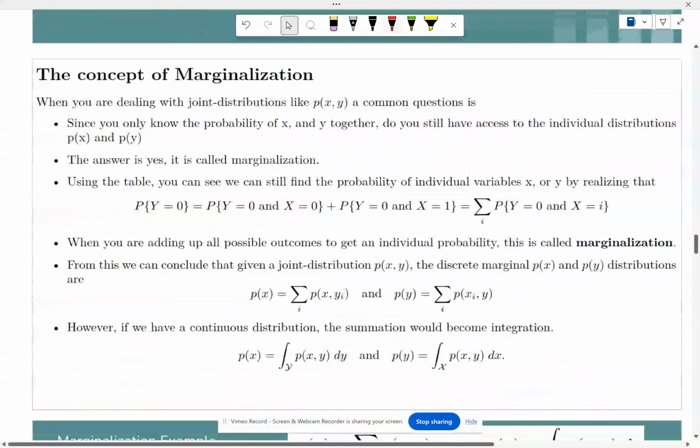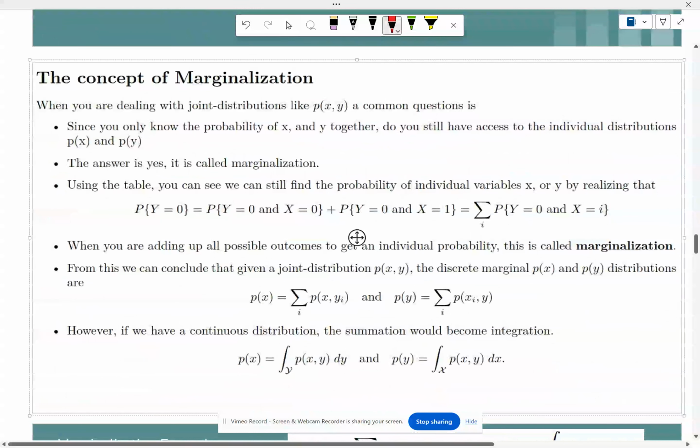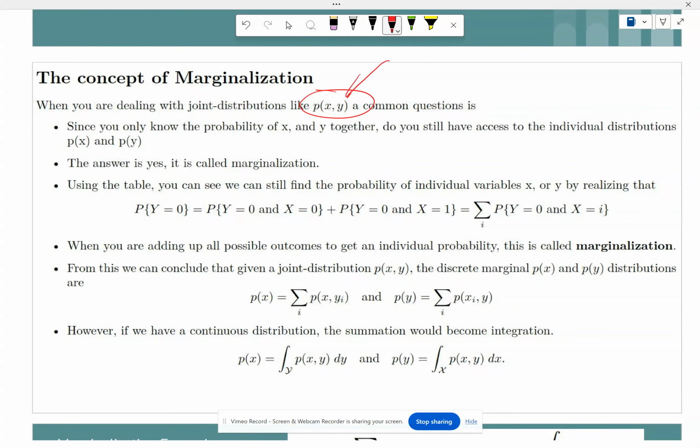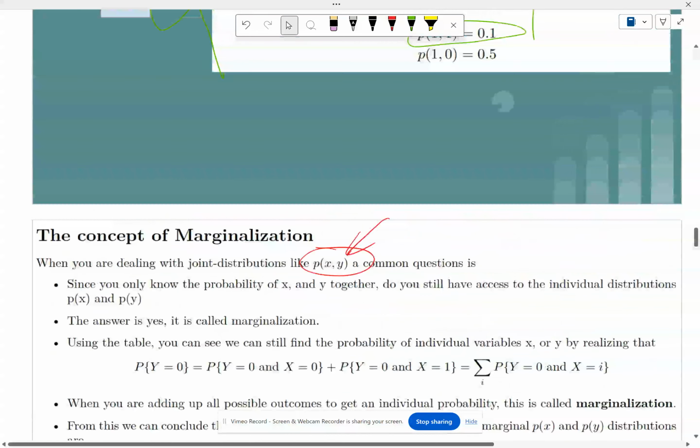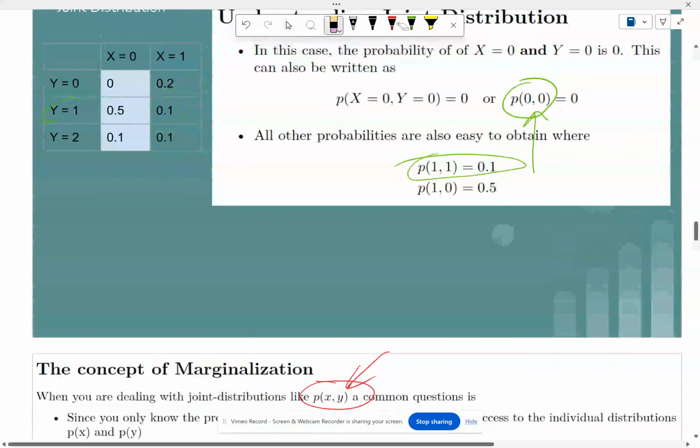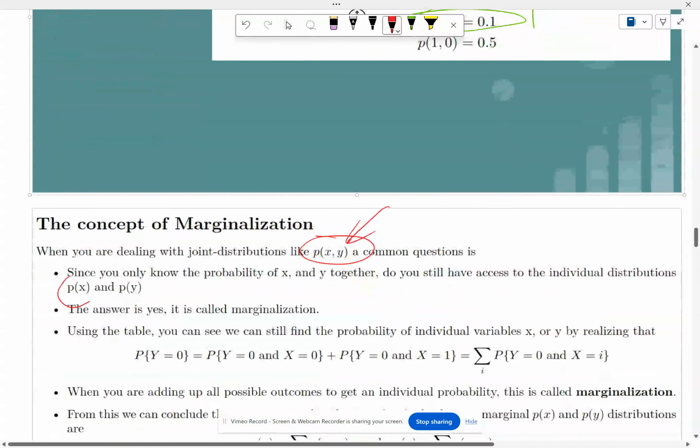Now, when you're dealing with a joint distribution, like you have x and y, a common question is, now that you have x and y and everything has to be x and y, how do you still have access to p of x alone and p of y alone?